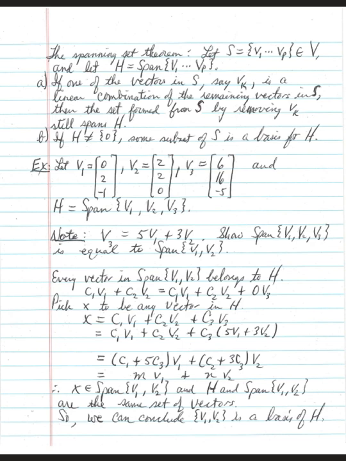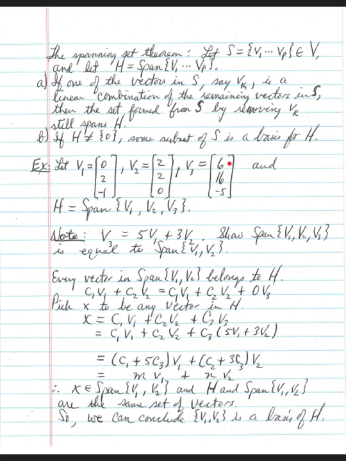Part B, if H is not the empty set, then some subset of S is a basis for H. So let's look at an example. We have three vectors, V1, V2, and V3, and we're going to say H is the span of those three vectors.